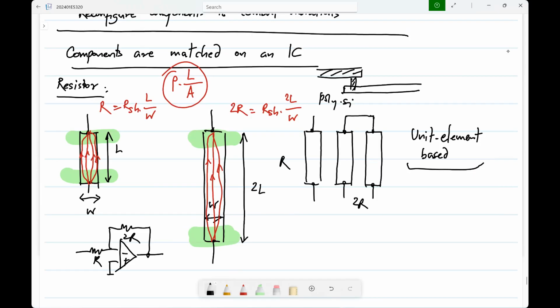There is also another practical reason to do this, that is to adjust the aspect ratio to be manageable. I'll come to that when I come to MOS transistors, but it applies to every component. So this avoids the systematic mismatch.